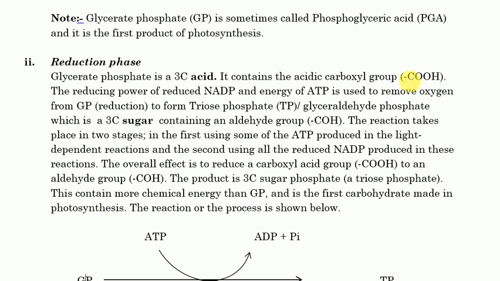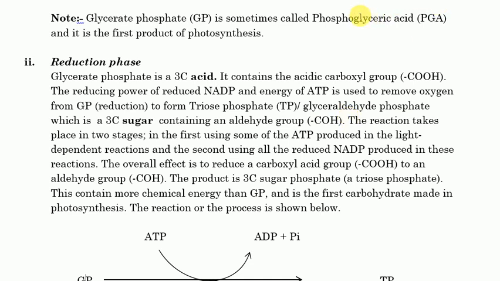That is COOH. And the reducing power of reduced NADP and the energy of ATP are used to remove oxygen from glycerate phosphate, and the process of removing oxygen is called reduction, to form triose phosphate, sometimes called glyceraldehyde phosphate or phosphoglyceraldehyde, that is PGAL.